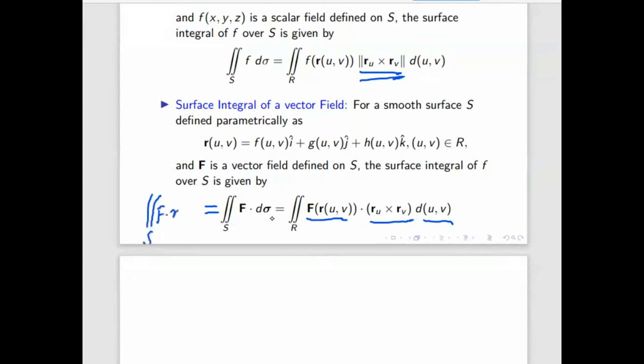So for flux always use the second formula, and for a scalar field use the first. You have to remember only these two.